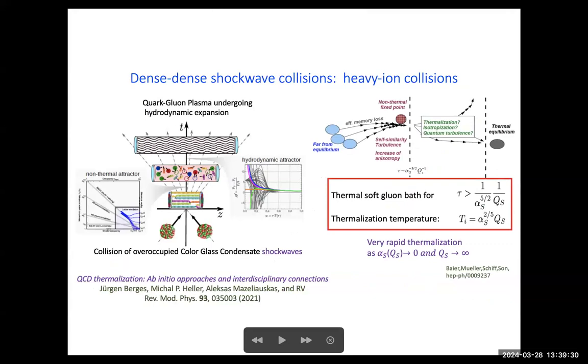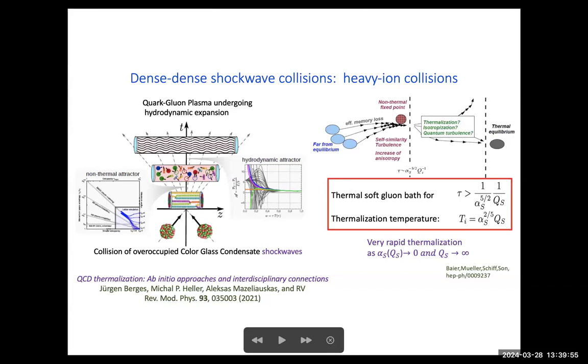So you can take two very heavy nuclei which are moving at 0.9997 of the speed of light, and collide them with each other. So it's highly, highly ultra-relativistic. And you can replace that with two gluon shockwaves. It's semi-classical. And because it's a semi-classical picture, you can compute as a function of time how the system evolves.